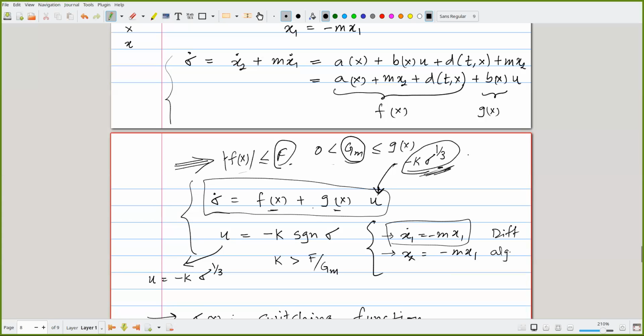If interested, I can perform that analysis. I don't have that analysis ready right now, but I remember doing it. We can do that: what kind of condition is required on F and G, so that this can also give you finite time convergence on sigma. But with this condition, it is not possible.